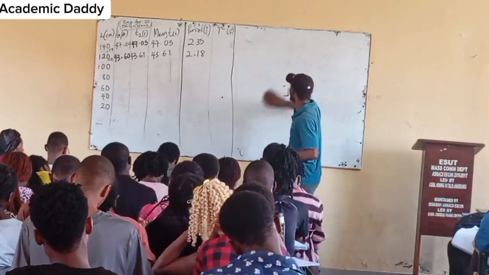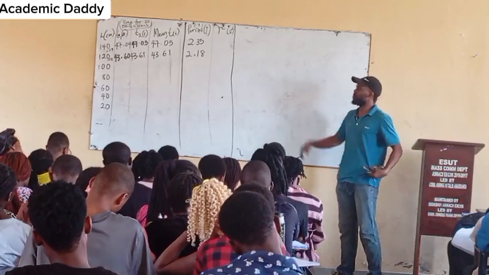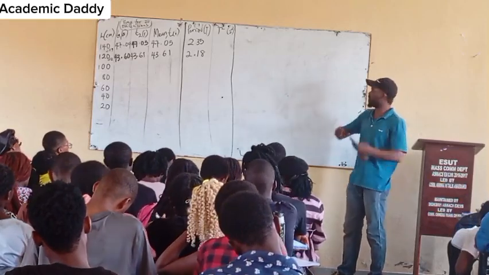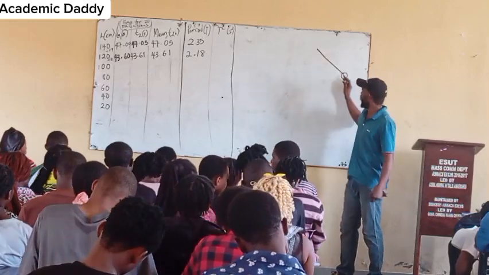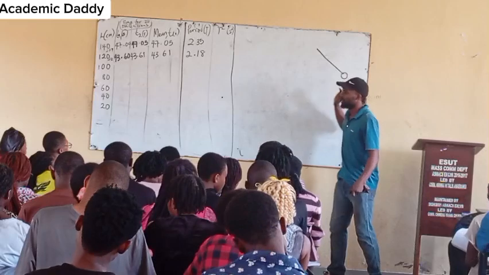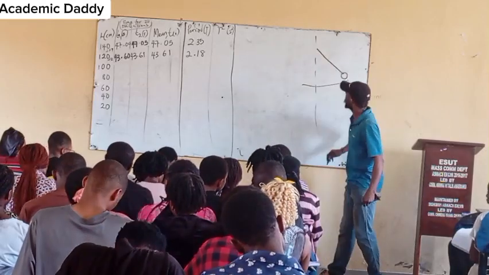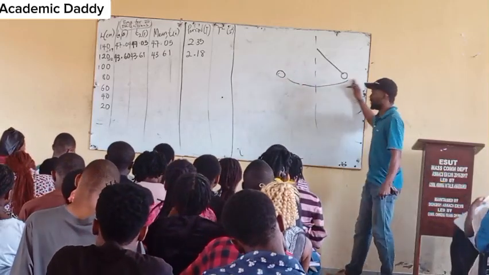Please pay attention. Some people are already using the formula to solve everything. See, if I have this thing to be my ball, and I push this thing to go like this, I push it to go like this, then come back.